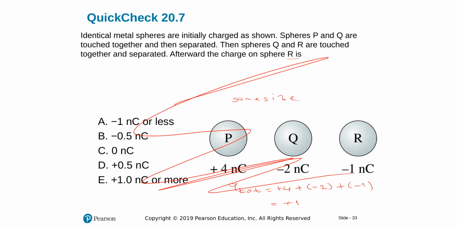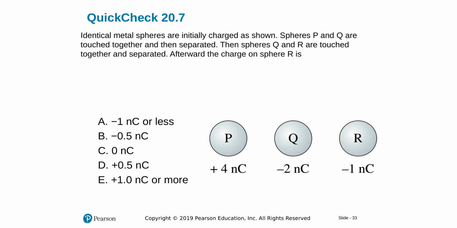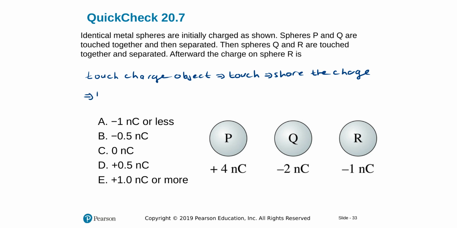If we touch charged objects to each other, they always share the charge. One could be neutral, or both could be charged. Objects touching, they share the charge. The bigger object takes more charge.